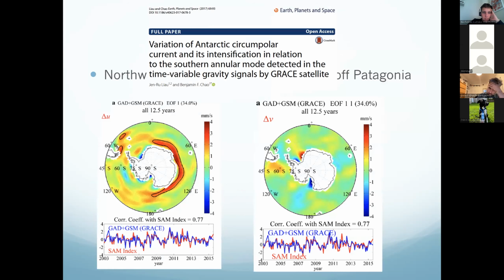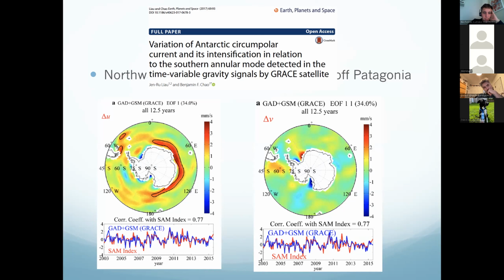So another piece of evidence that I think is interesting, maybe bears more looking at, was this paper by Liao and Chow in, I think, 2017. What they did was take the GRACE gravity data, compute the first EOF of the ocean bottom pressure inferred from that, and compute the geostrophic currents associated with that.